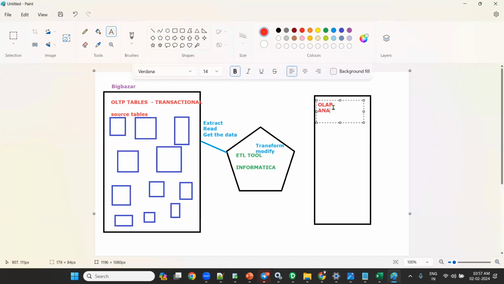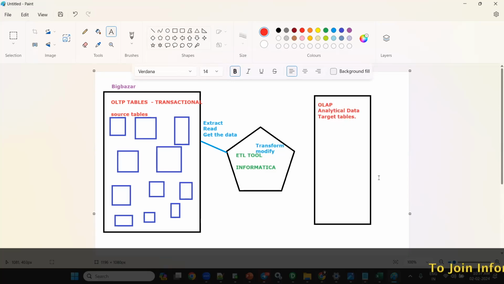What is this? Analytical data, online analytical processing, analytical data. This is OLAP or target tables, based on the business requirement. What will Informatica do?